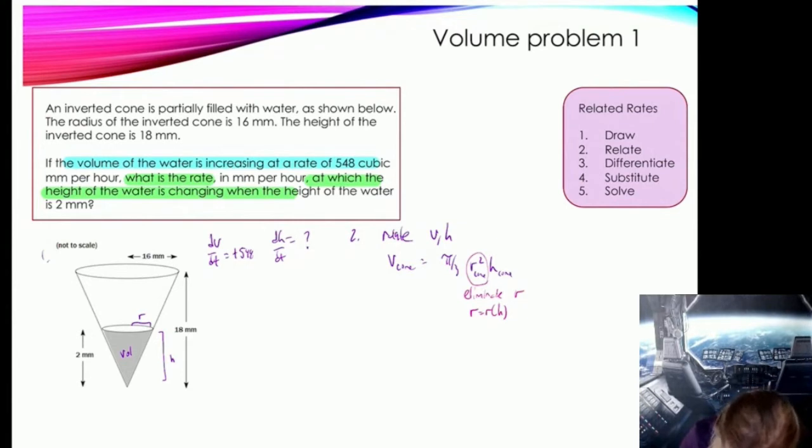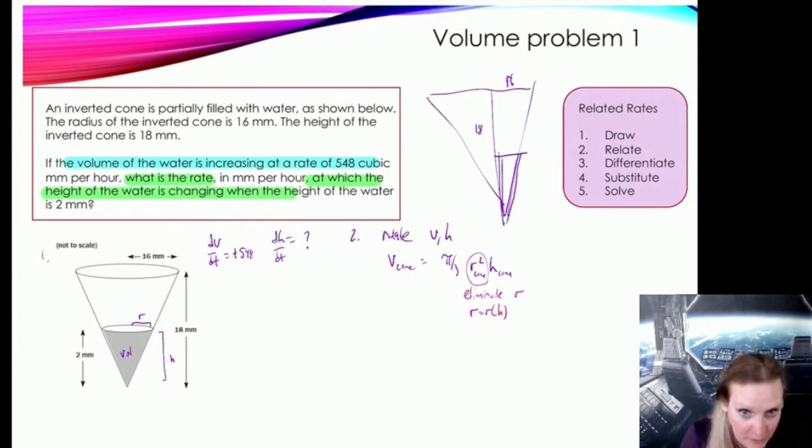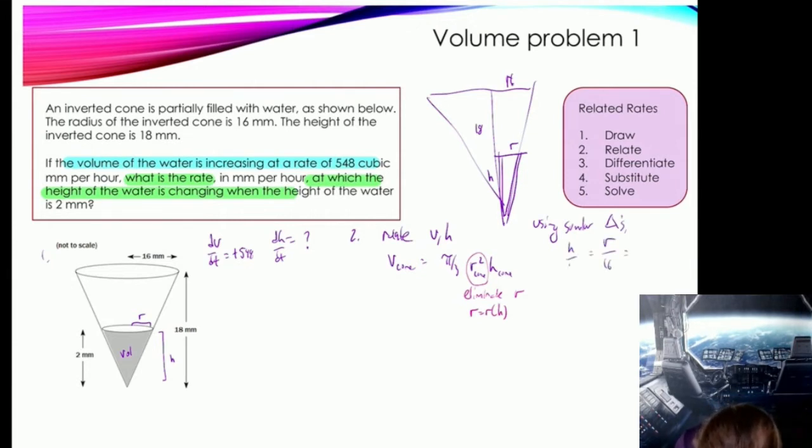So observe that in my cone, it's got height 18 and it's got radius 16. And I have a smaller piece of triangle inside of there that's of height H and radius R. So using similar triangles, I know that R over 16 is equal to H over 18.